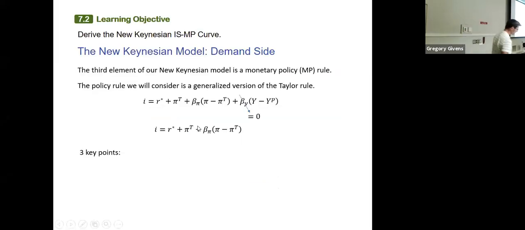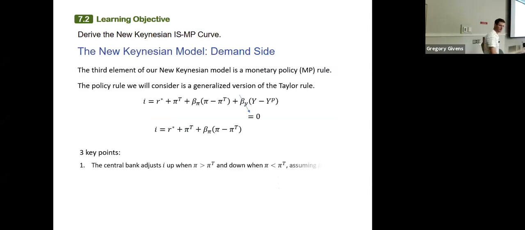Okay, 3 quick points I want to make about the Taylor rule that are going to be important. You'll notice that the central bank is going to adjust its policy rate up anytime actual inflation exceeds target inflation, right?